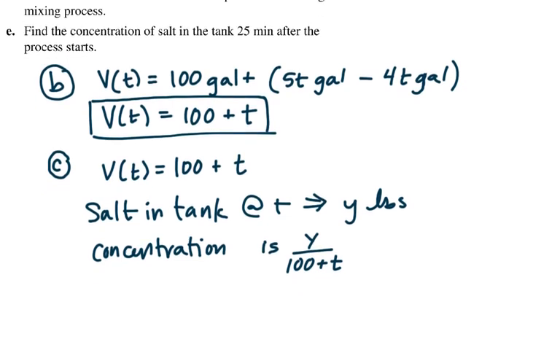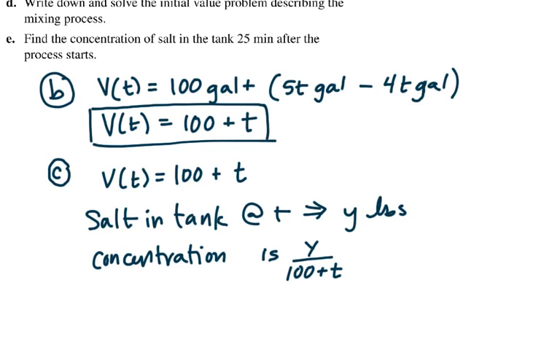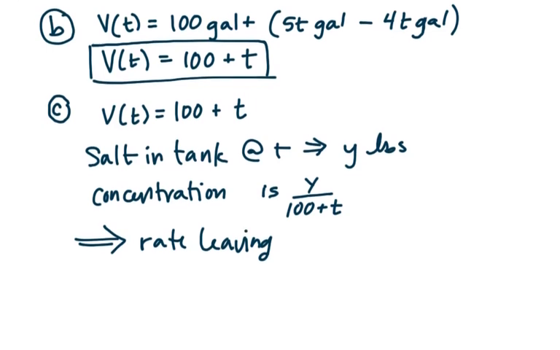So what we can say then is the rate at which we are leaving is going to equal the concentration times that outflow rate. My concentration is y over 100 plus t, and my outflow rate is 4. So my concentration is pounds per gallon, and my rate is gallons per minute.